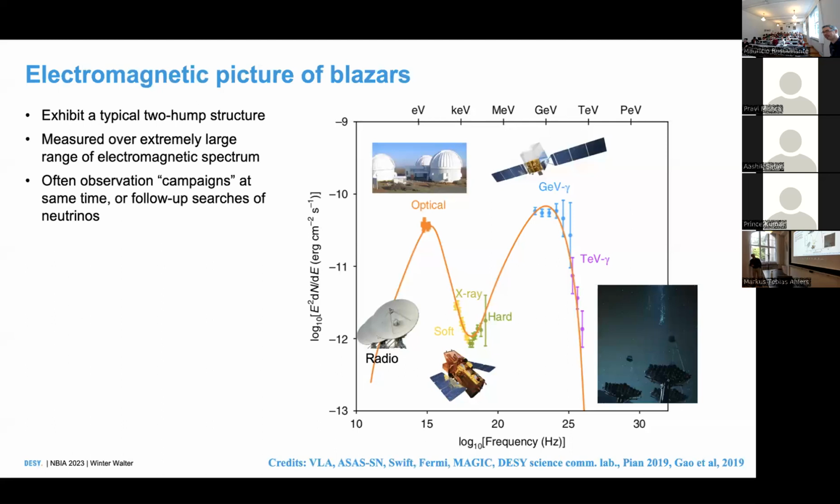So that would be an X-ray satellite. That's a typical radio array, which is measuring in that energy range. Optical are telescopes; optical is, of course, something you can see, but you need large telescopes to look far, far away. You have gamma ray satellites, which are measuring in that range.